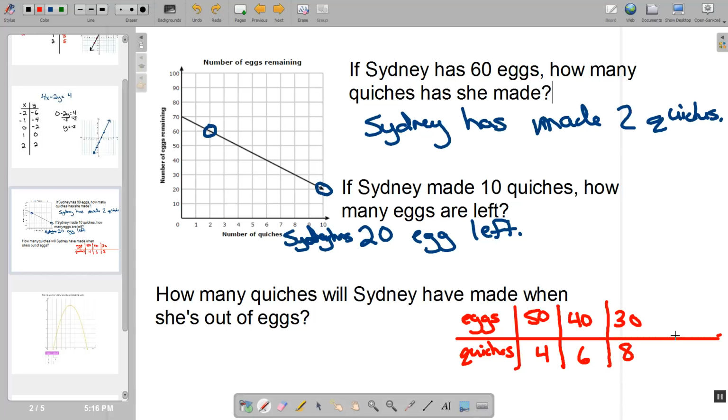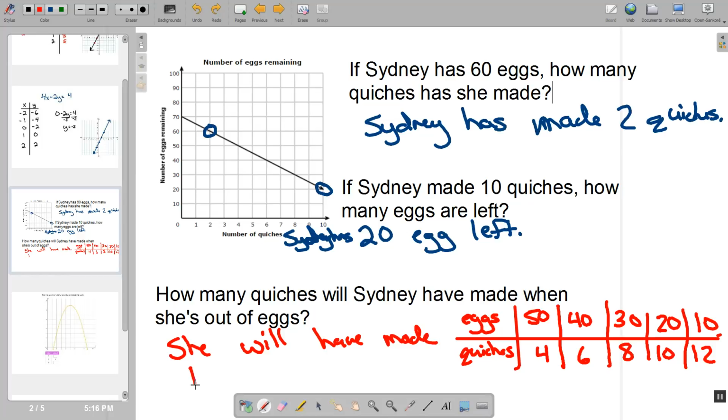So it looks like we have a pattern here. So that means 20 eggs, that'll be 10 quiches. Then we'll have 10 eggs, that'll be 12 quiches. And if the pattern continues, which our line says it does, that means she will have made 14 quiches.